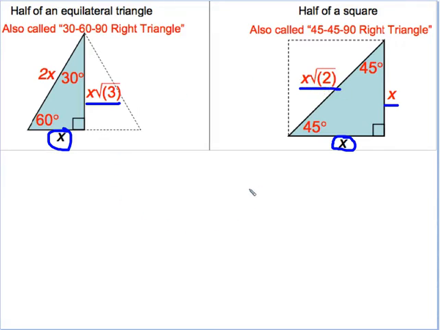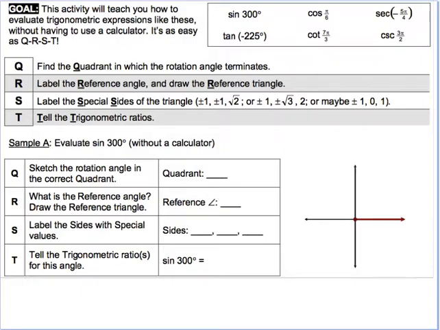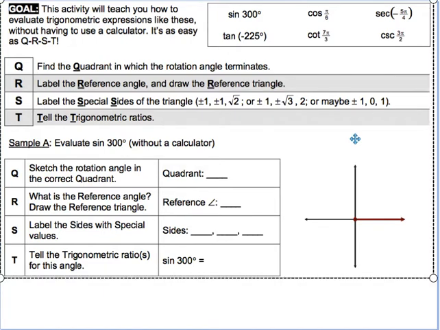Okay, so those are our special right triangles, and that is going to have an effect on what our trig ratios are. So this is a page in your notes. Find it in your notes, and let's go ahead and look at it. What we've been doing so far is finding the trig ratios when we have either a point that the rotation angle goes through, or if we have one trig ratio, we find the others.